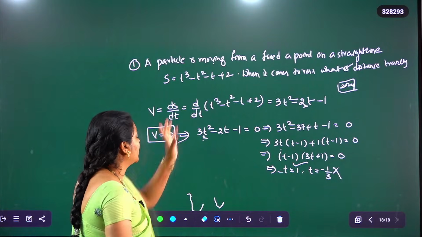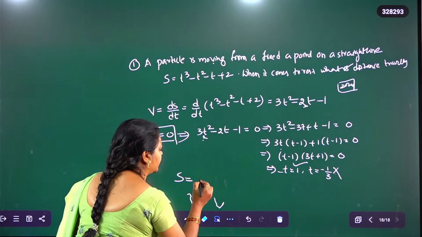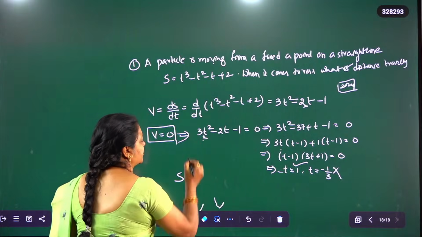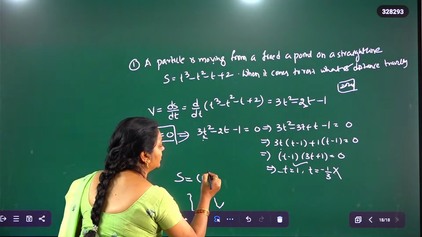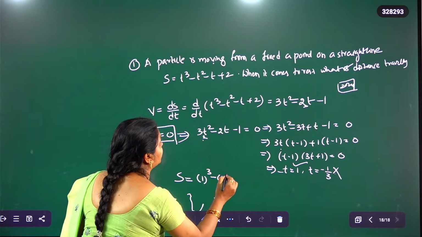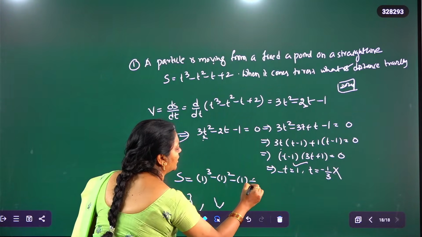So in this time, what is the distance it travelled? S is equal to t cube minus t square, so t cube means here we got 1 cube minus 1 square minus 1 plus 2.